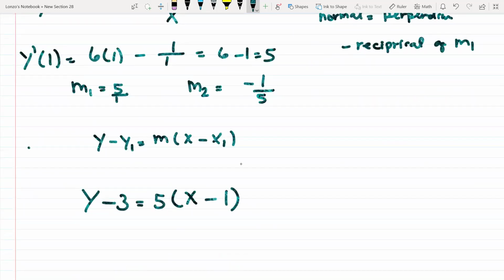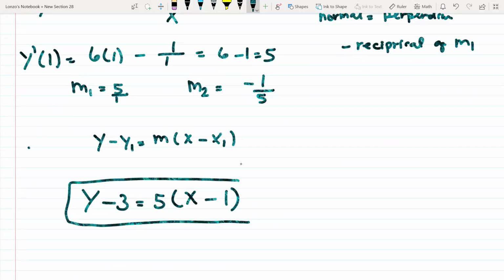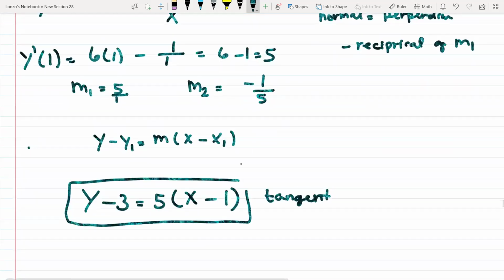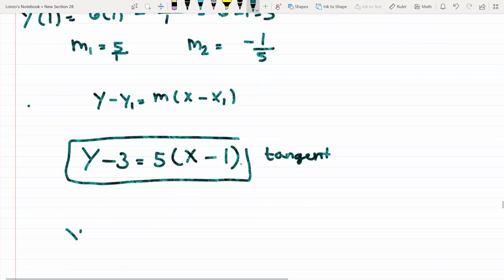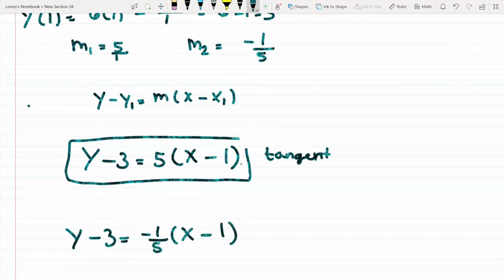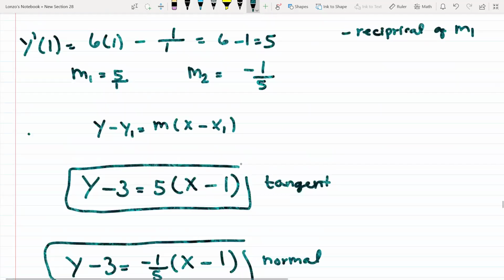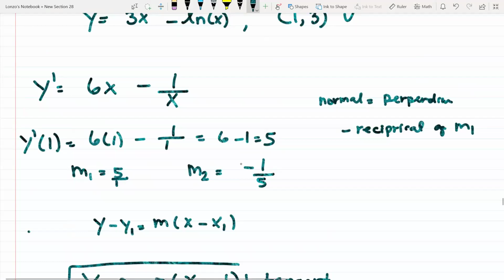So this is the tangent. Now find the equation of the normal. It's basically the same thing, but now we use the slope of negative 1/5. So it's y minus 3 equals negative 1/5 times x minus 1. This equation is the normal. Whenever they say normal, they really mean perpendicular, which means the negative reciprocal of m1.